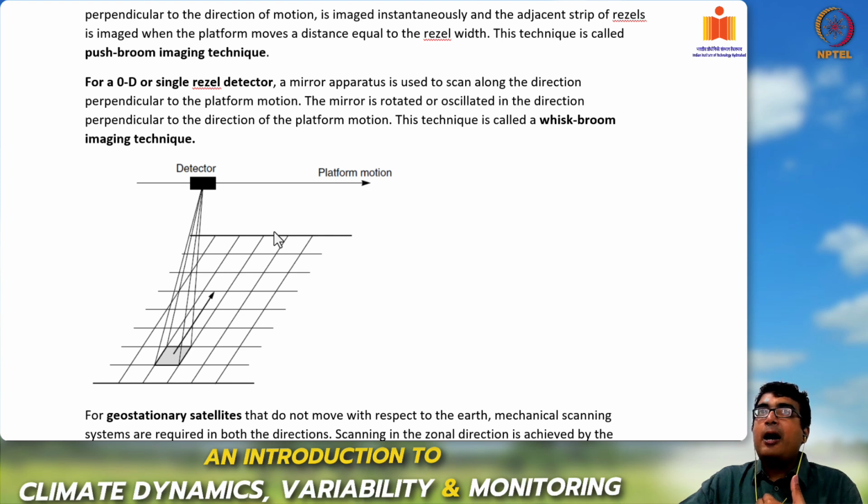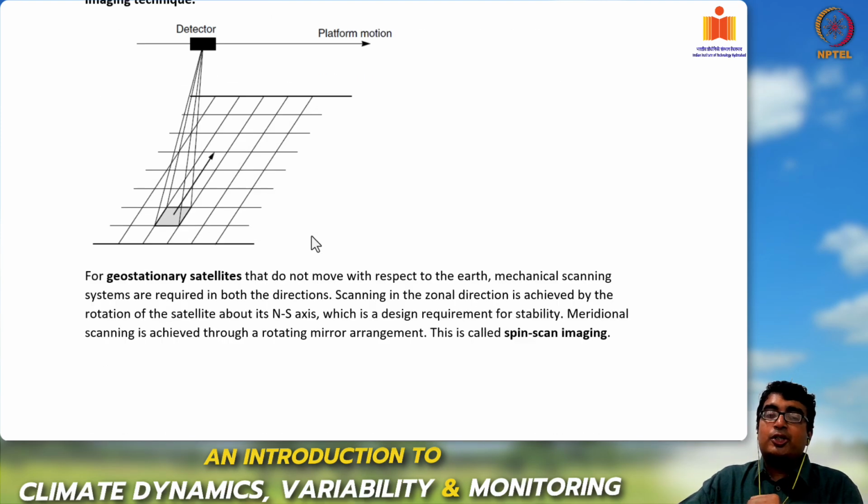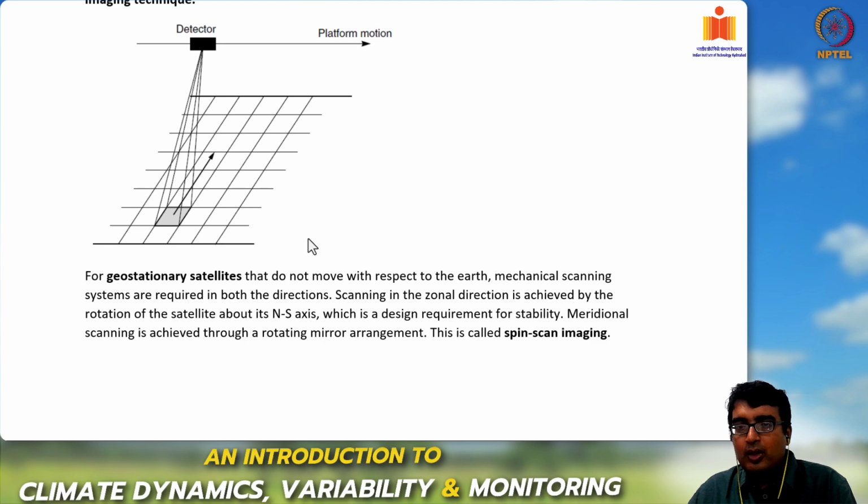So, here a mirror apparatus is used to do the scanning perpendicular to the direction of motion of the satellite. Geostationary satellites have no motion with respect to the ground, so the satellite is fixed at a certain sub-satellite locus. So, it needs mechanical motion in both zonal and meridional directions.